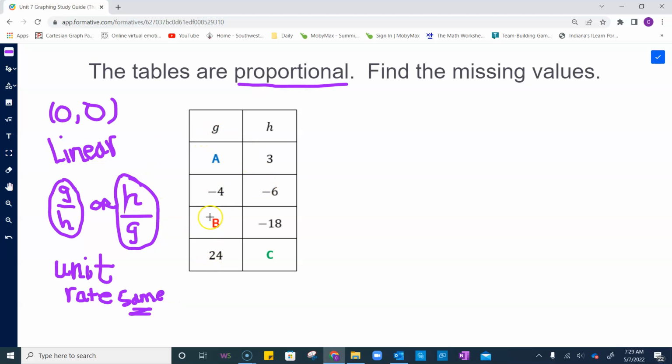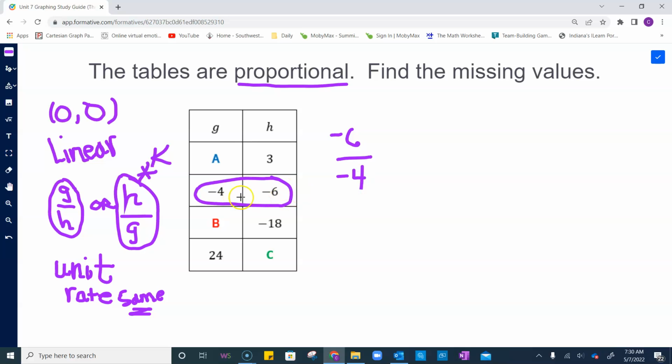So I'm going to look for information in the table that will help me understand this relationship, G to H or H to G. I'm going to use H to G because when I have proportional tables, a lot of times I'm looking for the constant of proportionality, which is called the K value. So when I look, I have two of the numbers, H and G, so I'm going to write -6 over -4.